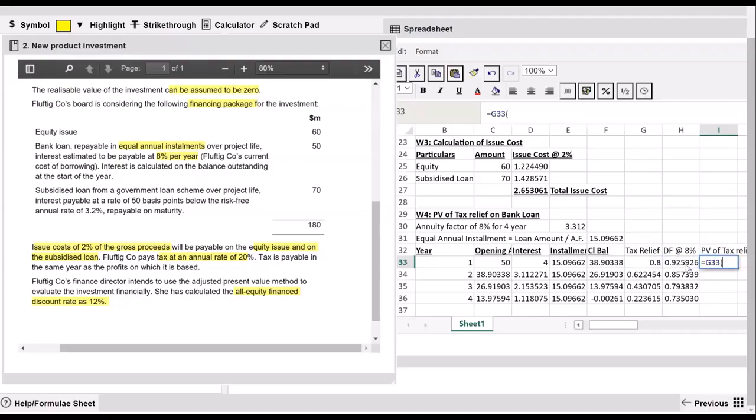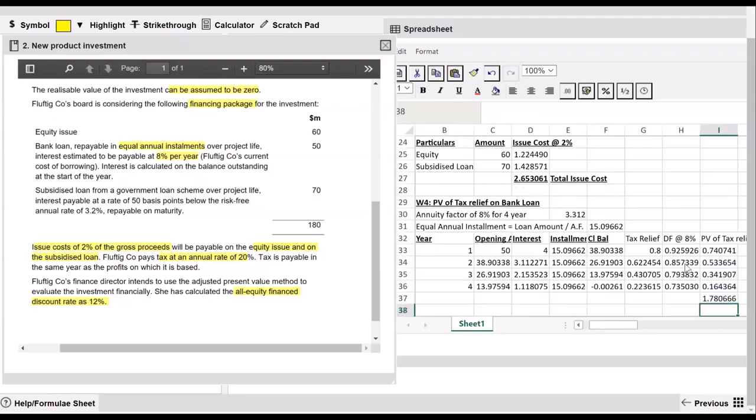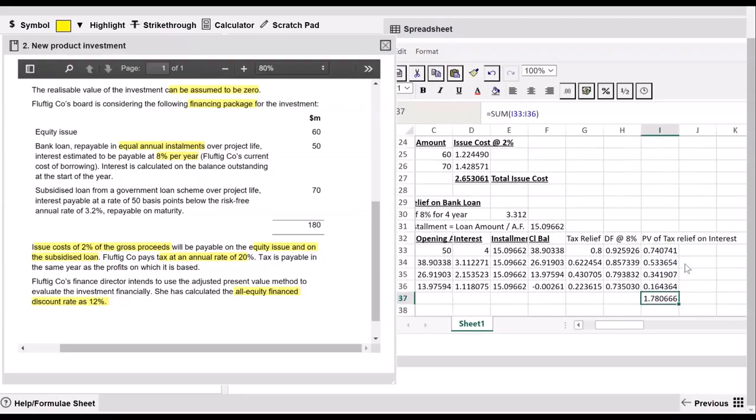Multiply the tax relief by the discount factor, and when you total it, that gives us the present value of tax relief on interest, or to be more specific, on the bank loan.